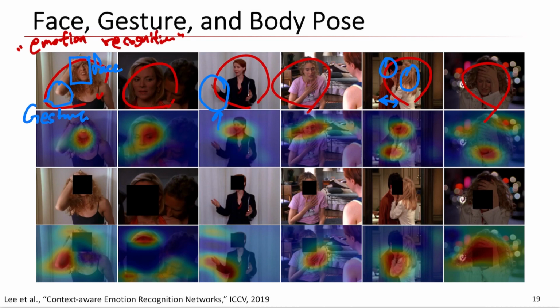So in this paper, by simultaneously using the face information here and the other context information, they estimate the emotion of the human by using a deep convolutional neural network. So this is another application.